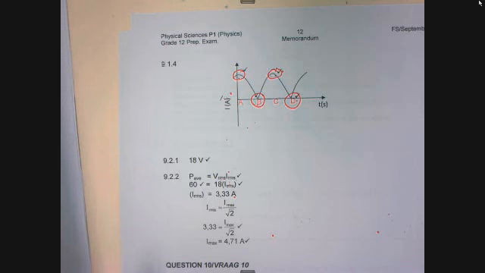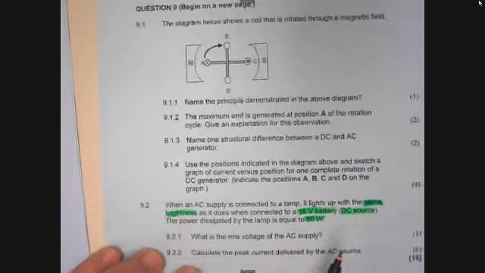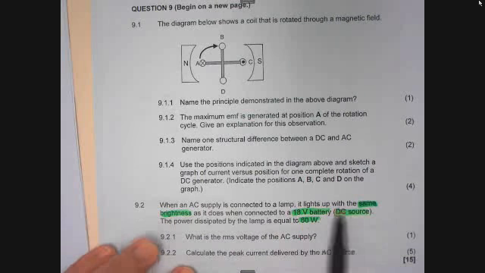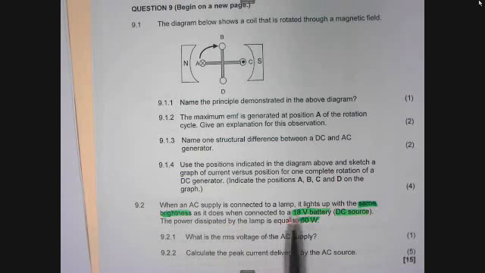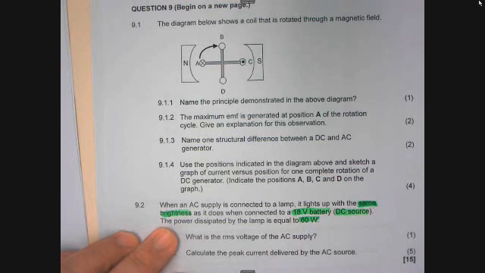Then on question 9.2, when an AC supply is connected to a lamp, it lights up with the same brightness as it does when it's connected to an 18-volt battery. That is actually the definition for what VRMS is. VRMS is that AC supply that has the same effect as a DC source.